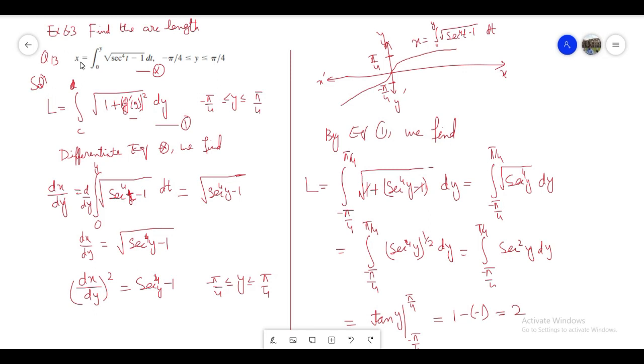So we started by differentiating x with respect to y, and we already know the arc length formula from c to d, square root of 1 plus g dash of y whole squared dy. We found the first derivative with respect to y, substituted it into our expression for the arc length, and found the arc length equal to 2.